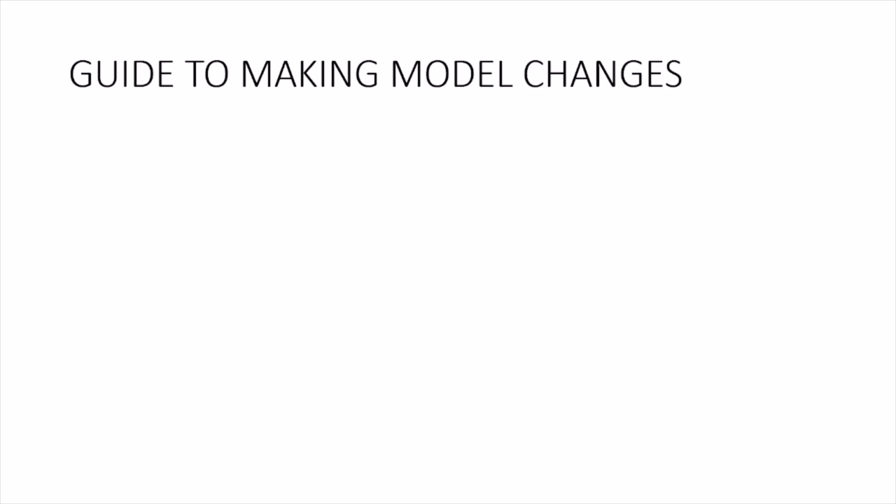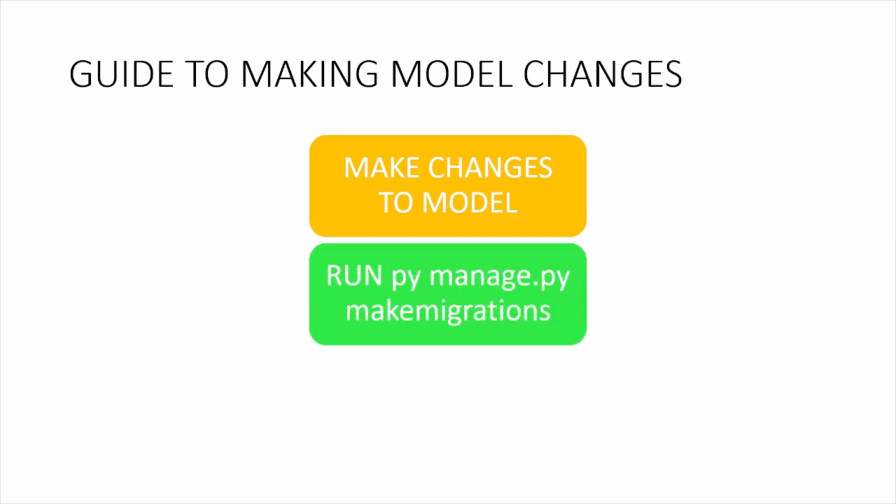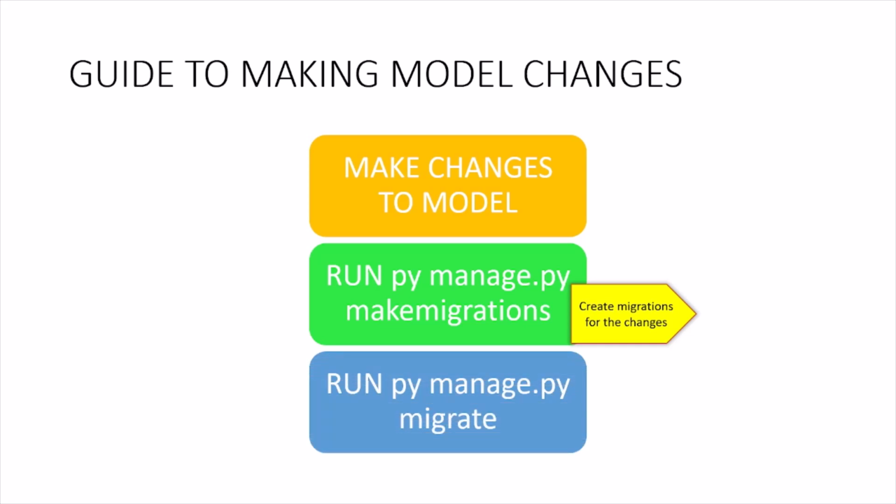Remember that every time we make model changes, once we change the models in our code, that is in models.py, we then need to run makemigrations, which will create migrations for the changes. And after that, we need to run migrate, which will apply the changes to the database. So every time we make changes to the model, we need to run both makemigrations and migrate mandatorily.